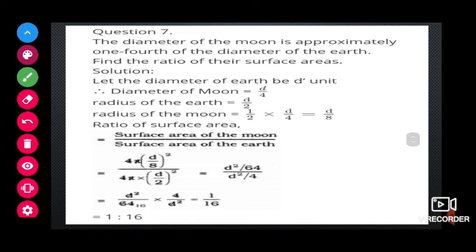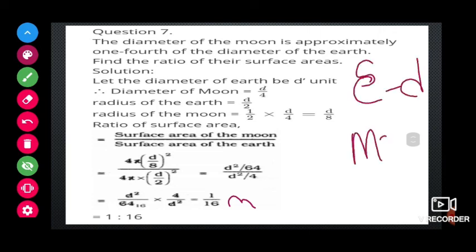If the diameter of the earth is d, then the moon will be 1/4 of d, that is d by 4. Then what about the radius? Diameter by 2. The earth's radius will be d by 2, and for the moon, d by 4 into 1 by 2, half of that, we will get d by 8.